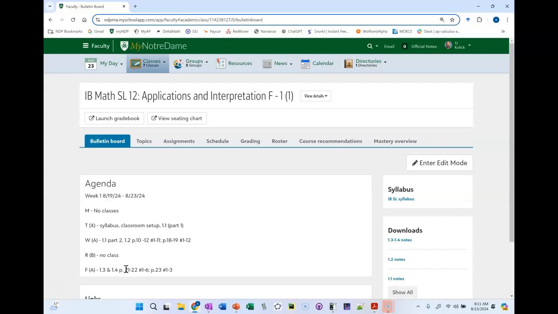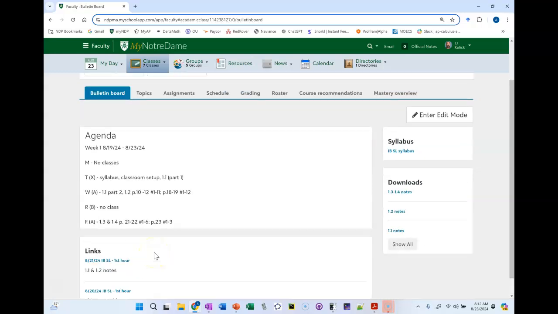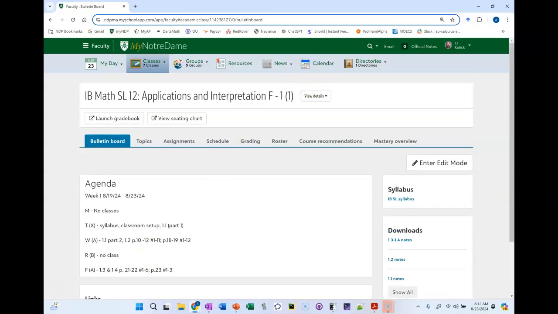Sections 3 and 4 will be part of not this Sunday's homework check, but the following Sunday's homework check, because I want you to have a chance, if you see something you have questions on, to come back and talk to me about it. Everybody feel okay there? Sounds pretty reasonable, I hope. All right.